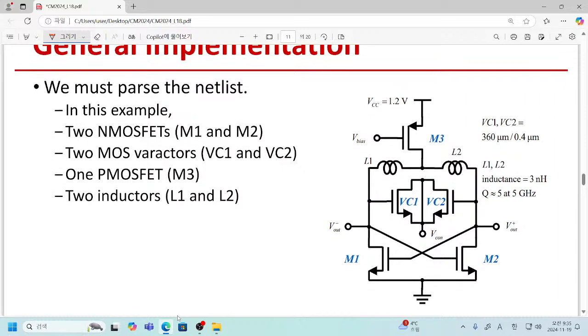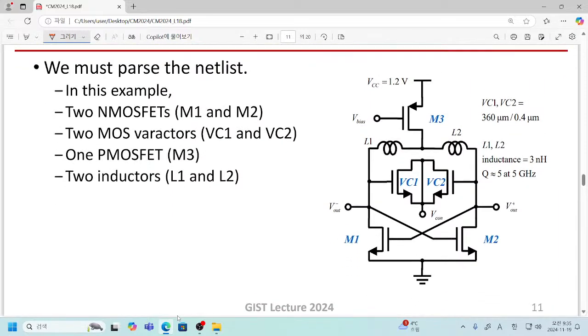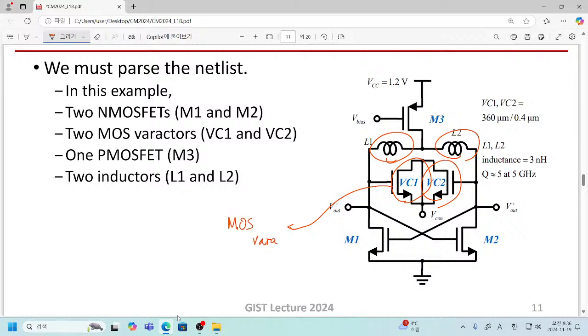For example, this is one simple LC oscillator. So you can identify inductors and capacitors. Where can you find the capacitors? They are actually not lumped capacitors, but MOS varactors.